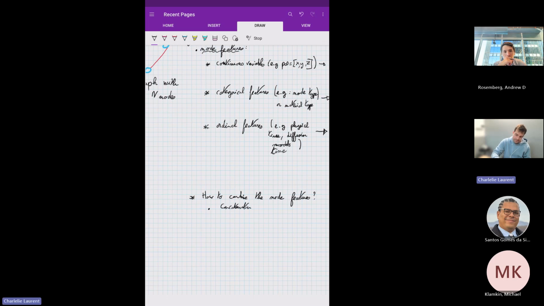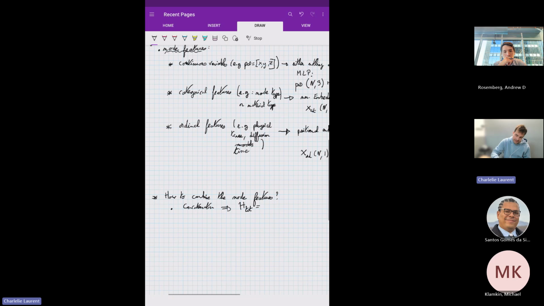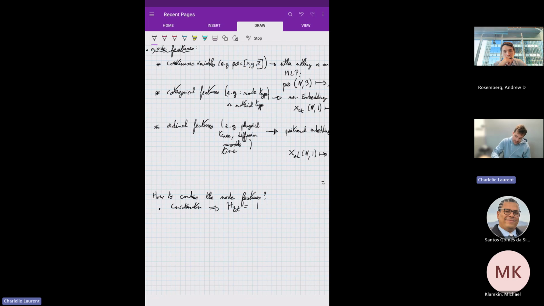In that case, it's going to give you a hidden dimension equal to the embedding size of the continuous variable plus the embedding size of the categorical feature plus the embedding size of the ordinal features. And this is the easiest one.